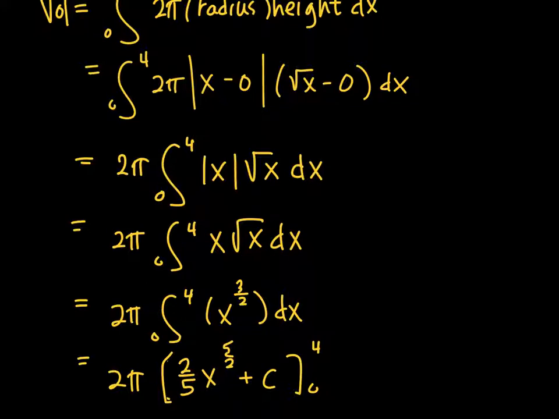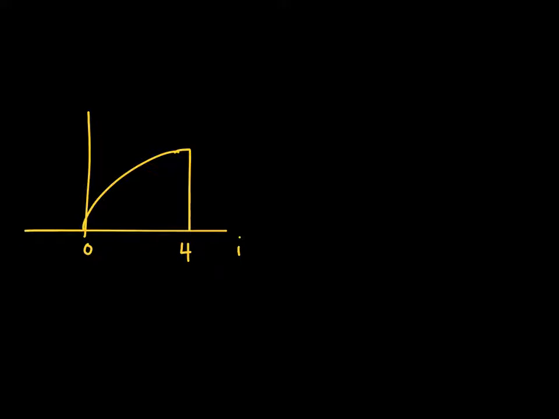Okay, same region. Now we're going to rotate it around the line x equals 6. So same shaped region. Interesting. Where is the line x equals 6? It's out here. There's the line x equals 6.